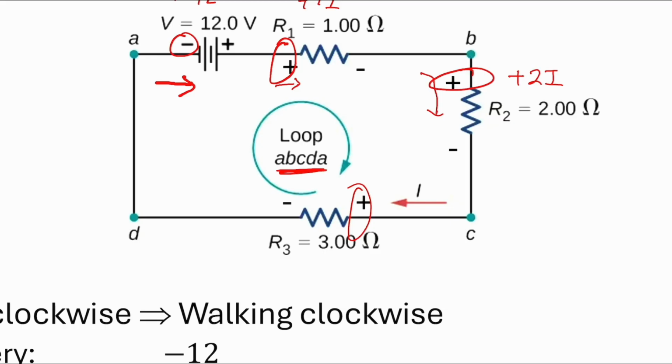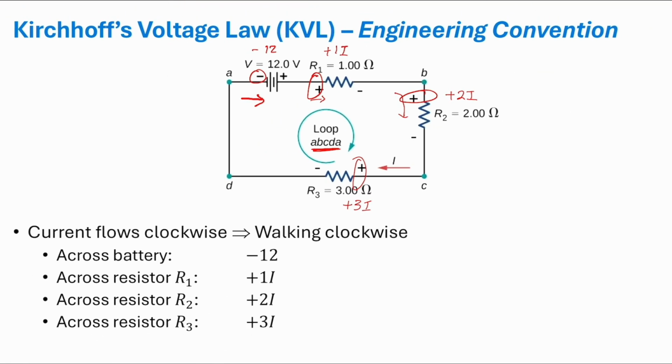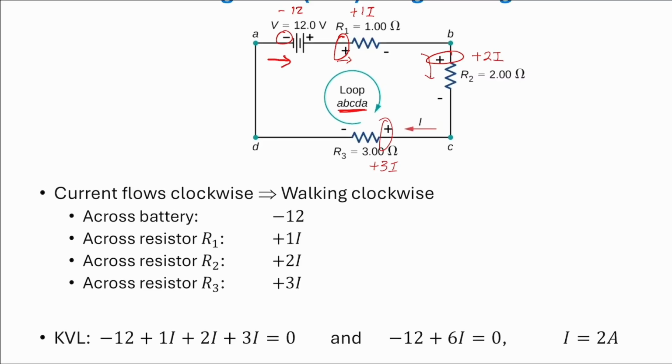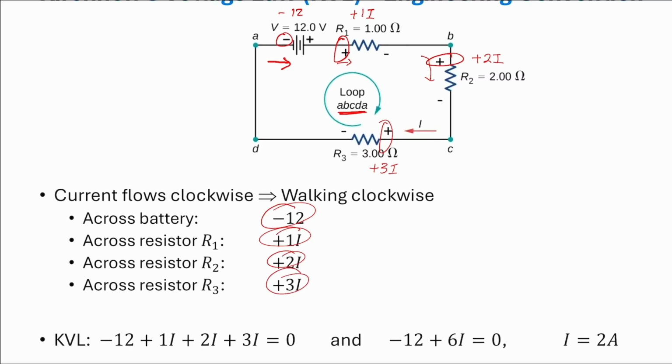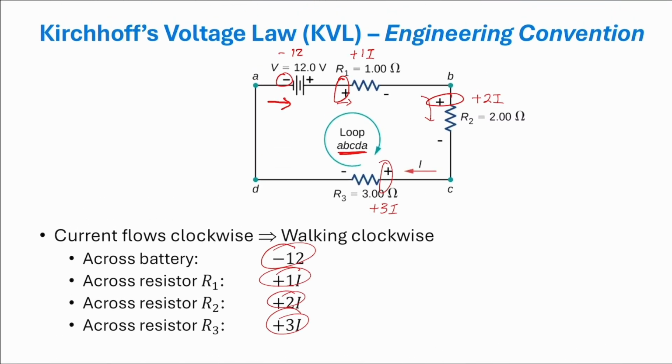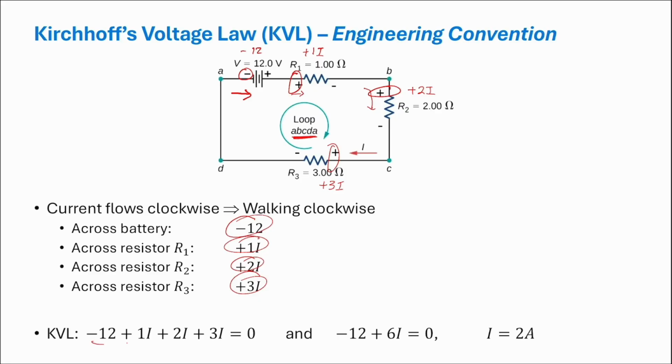And KVL, Kirchhoff voltage law, says when you sum all these terms, 1, 2, 3, 4, they must equal 0. And if you look at the mathematics, you will find that I is the same, 2 ampere.